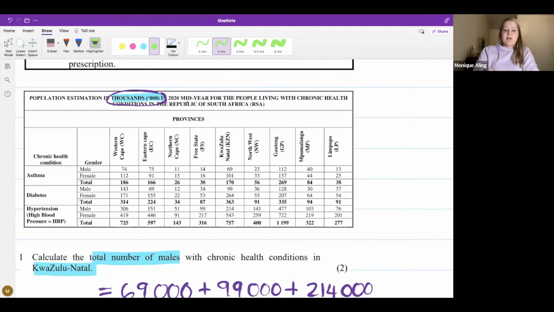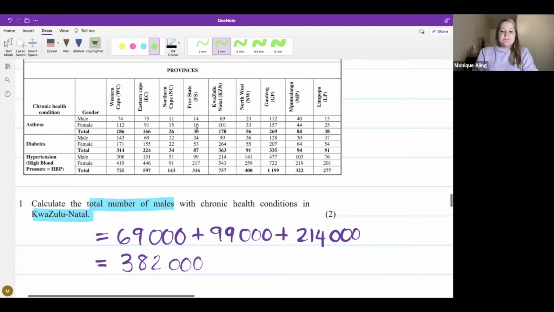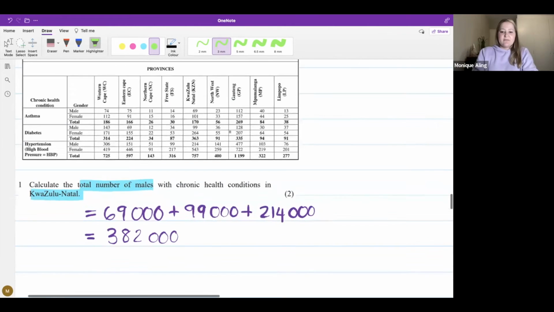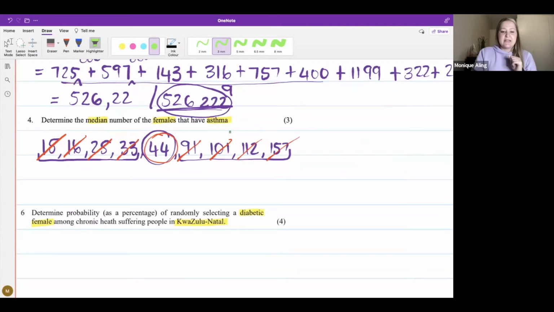Yes. Okay, let's just quickly go back to the question. So they said of randomly selecting a diabetic female among chronic health suffering people in KZN.